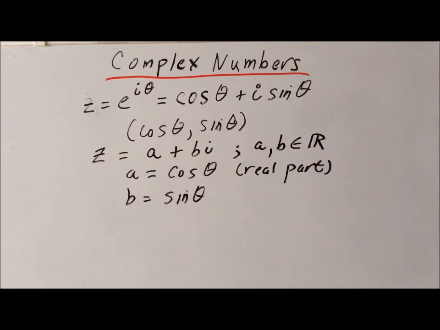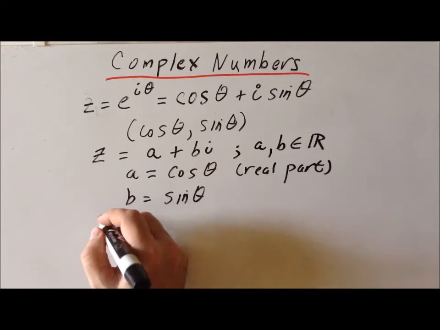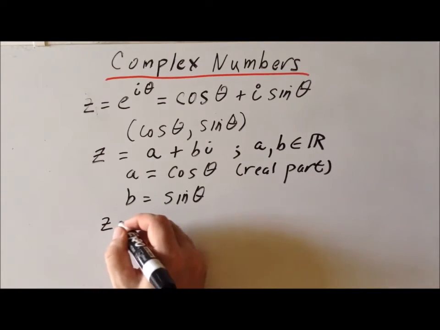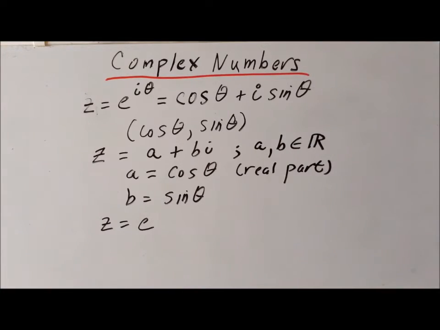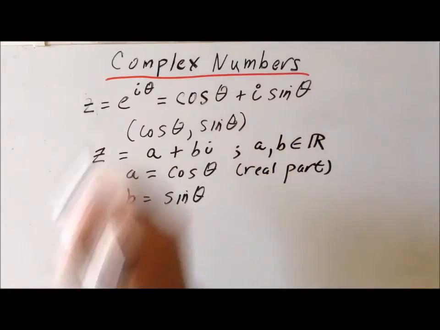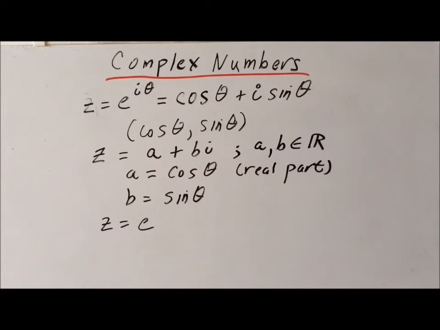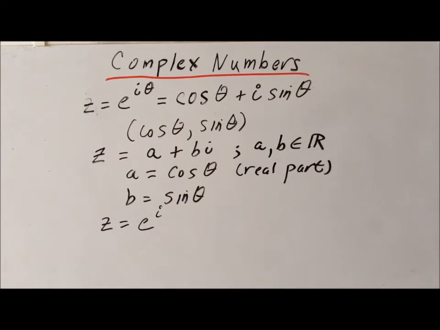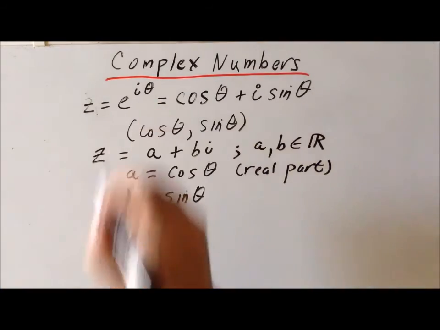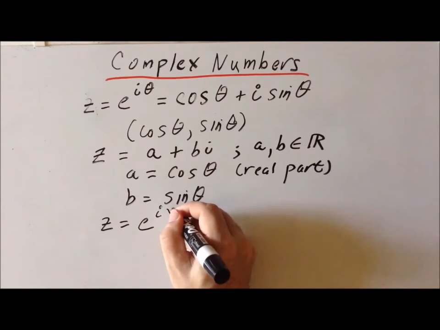For the sake of convenience, from now on, whenever we write a complex number, we're going to write it in a very slightly different form just to make it easier to write. Knowing that theta is an angle, we can use any symbol we like to represent the angle. So by convention, in quantum chemistry, instead of using theta, we simply use the variable x.